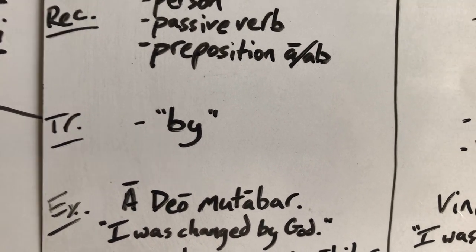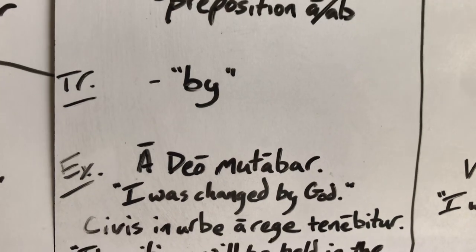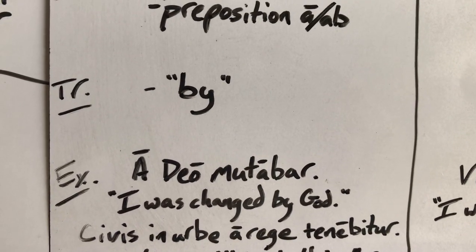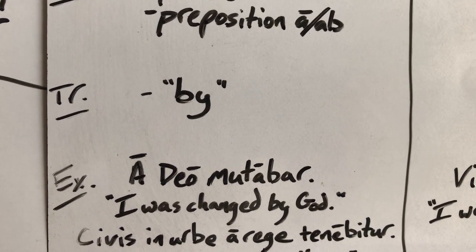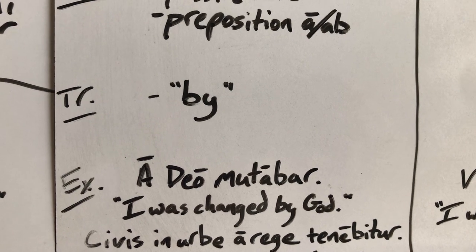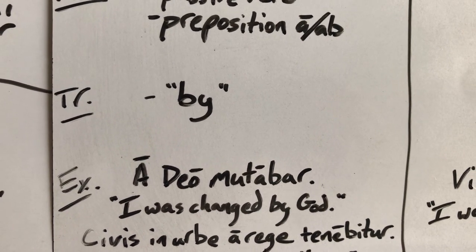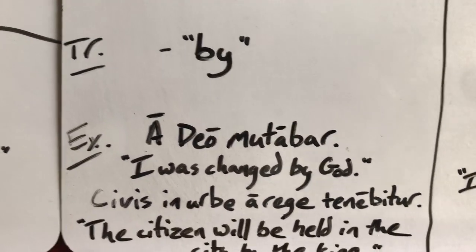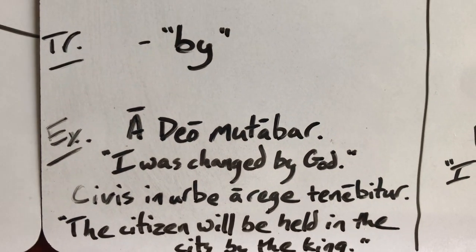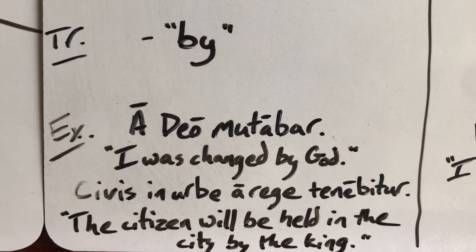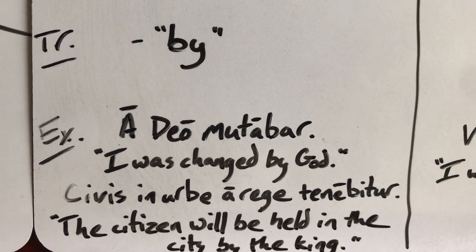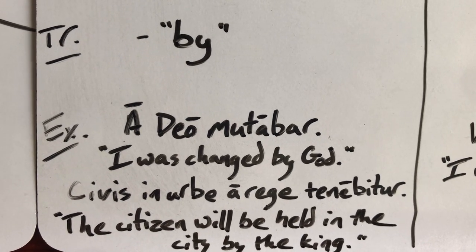One other example here. Civis in urbe a rege tenebitur. So the citizen will be held in the city by the king. Notice our three things there. We've got king, he's a person.